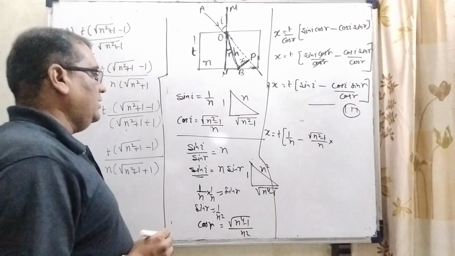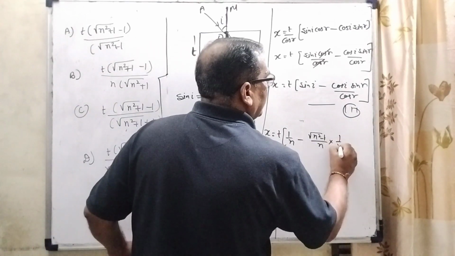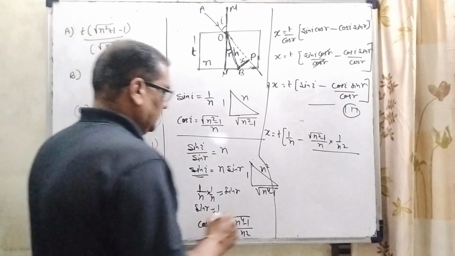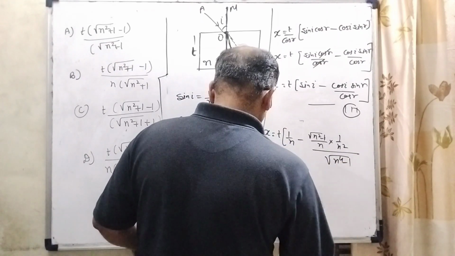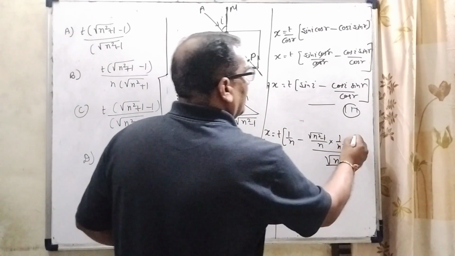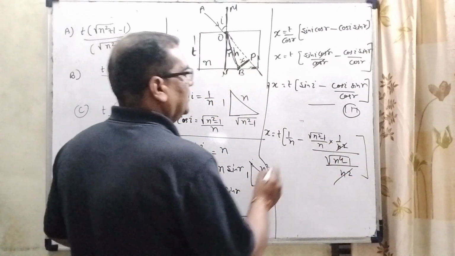What is the value of sin r? Sin r is 1 by n square. And what is the value of cos r? Root n raised to power 4 minus 1 upon n square. Okay, so here n square cancels out.